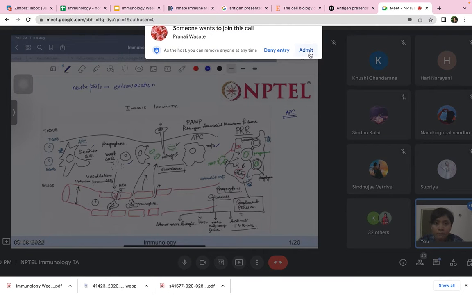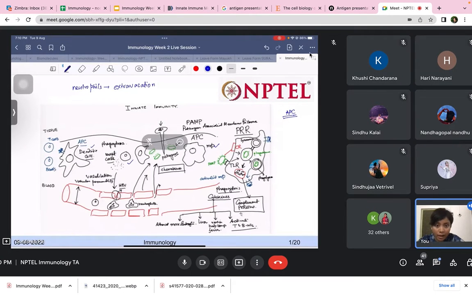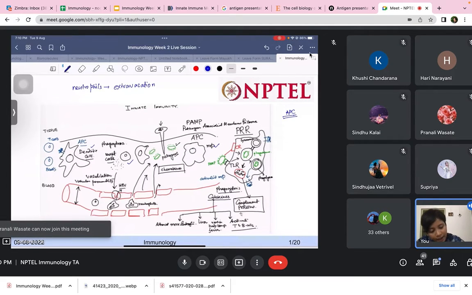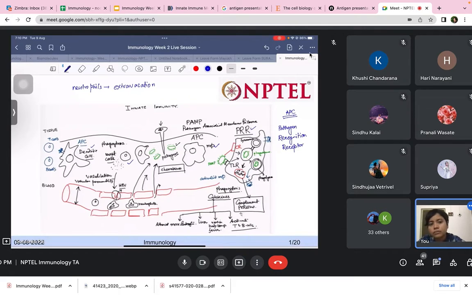One important feature of the macrophages is that they bear receptors called the pathogen recognition receptor, or the PRR.